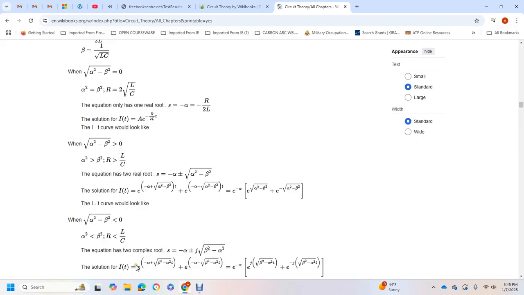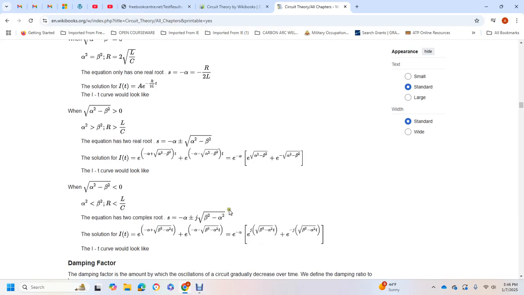The solution is i of t equals A1 times e to the power of negative alpha plus j times the square root of beta squared minus alpha squared, times t, plus A2 times e to the power of negative alpha minus j times the square root of beta squared minus alpha squared, times t.